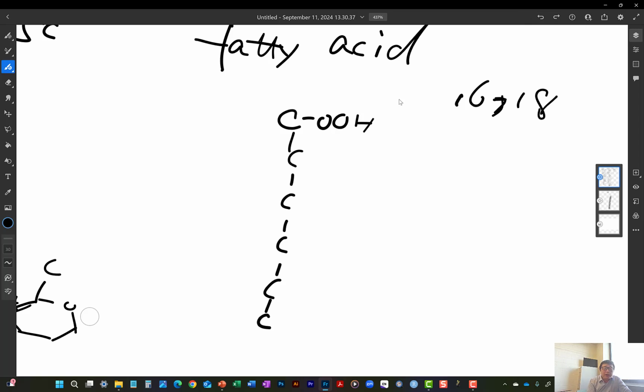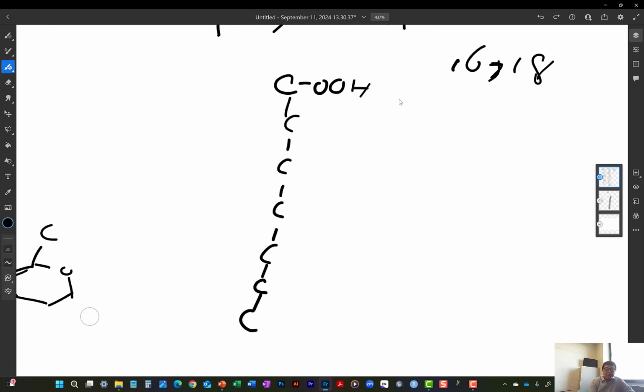And then different fatty acids differ in how the carbons join together. In this case, you can see all the carbons are joined up by single bonds, and the rest are fully saturated with hydrogen. So this we call a saturated fatty acid.